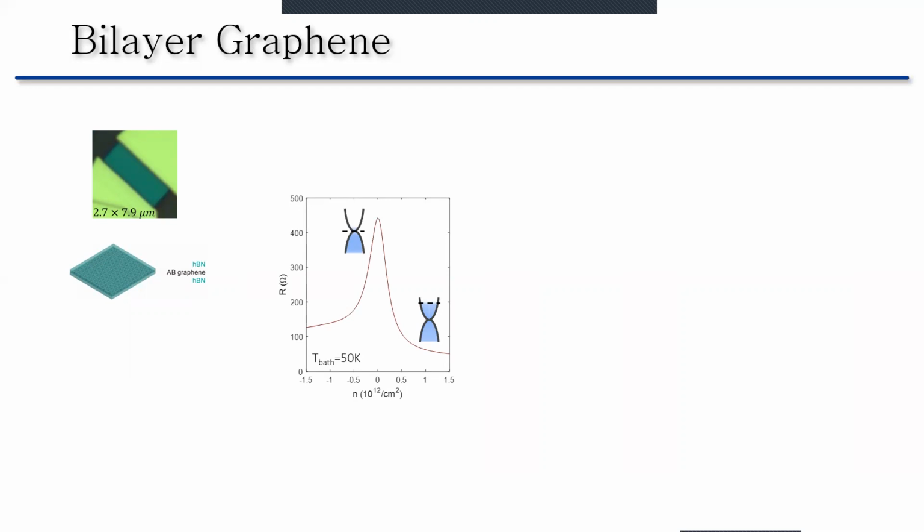There's this peak at zero density, and that corresponds to when our chemical potential is tuned to the Dirac point, or as close to the Dirac point as the disorder will allow us to reach. And as that density increases and our chemical potential goes up through the spectrum, that resistance goes down.